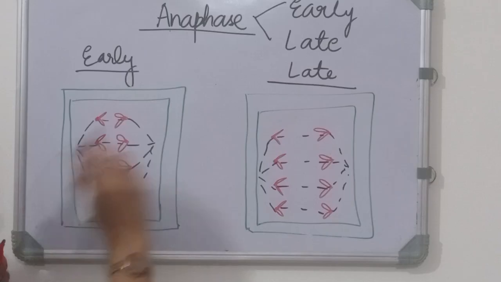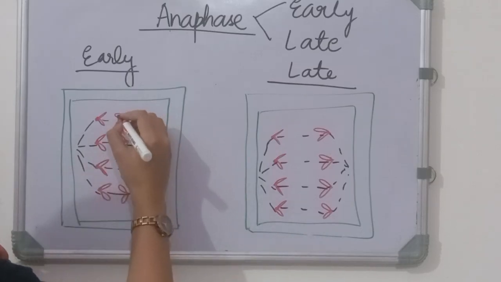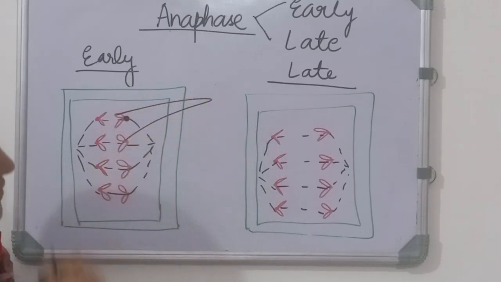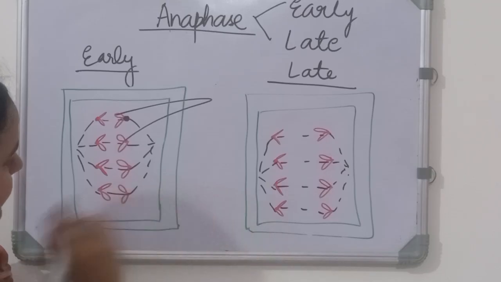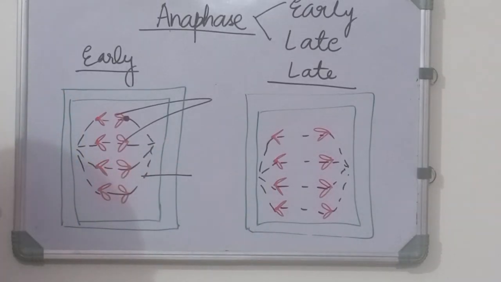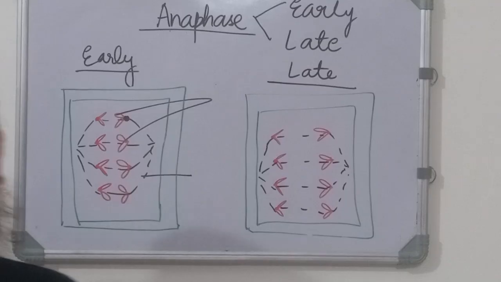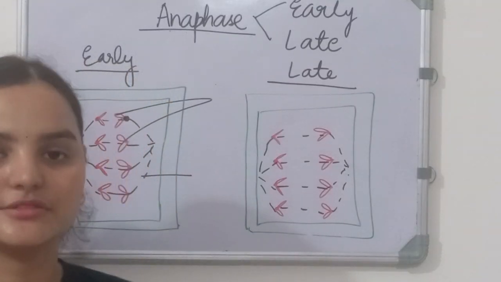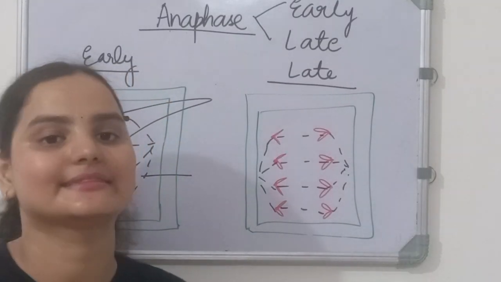Just do all the labeling. This is centromere, this is sister chromatids, and this is spindle fibers. Do the labeling by yourself. I've explained everything. Now let's study the last phase, which is the telophase stage.